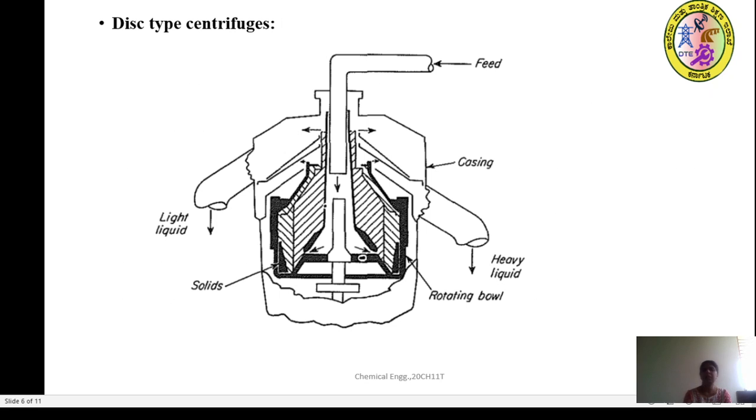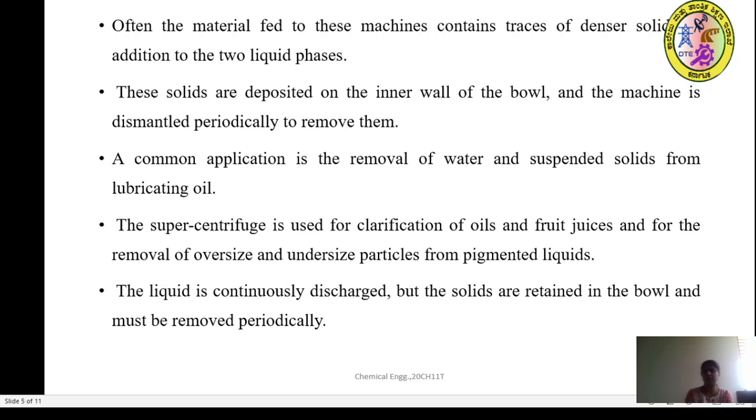The liquid being fed to the machine usually consists of denser solids, and in addition to the denser solids, there are two liquid phases, liquids with two varying densities.